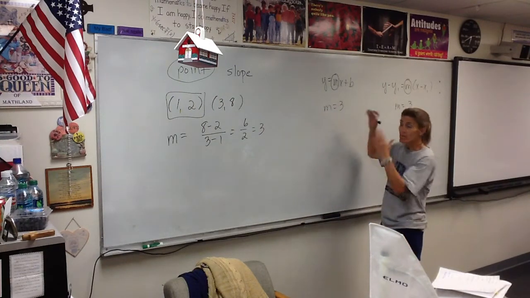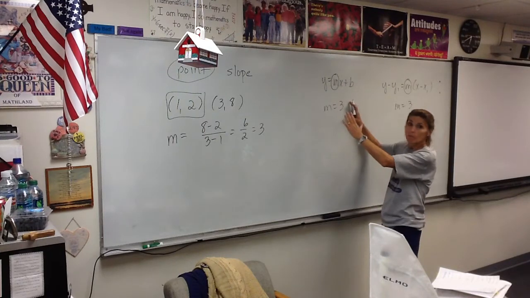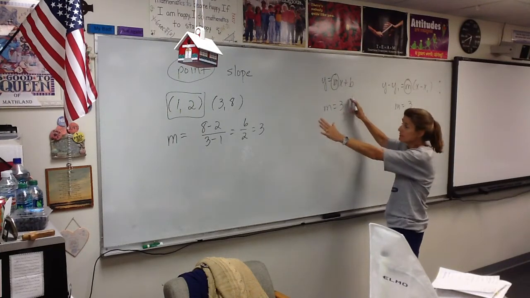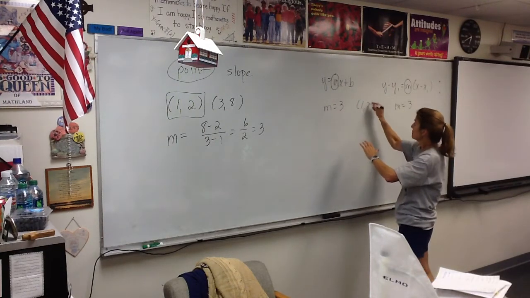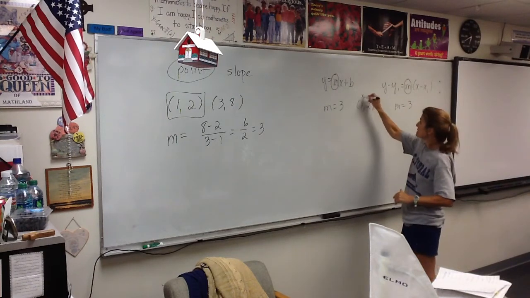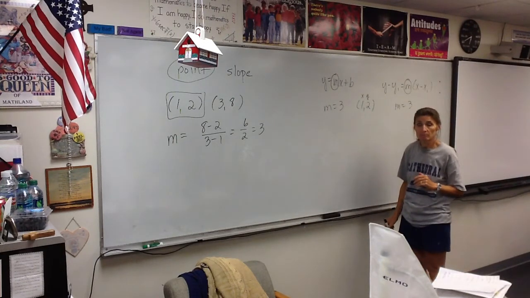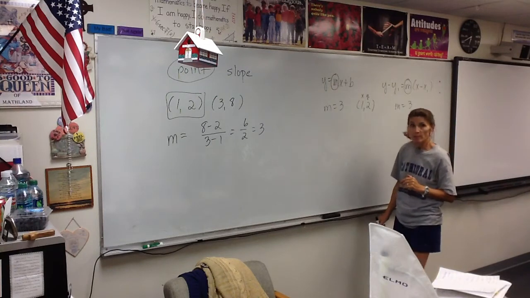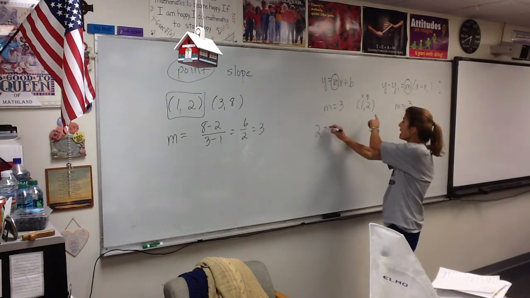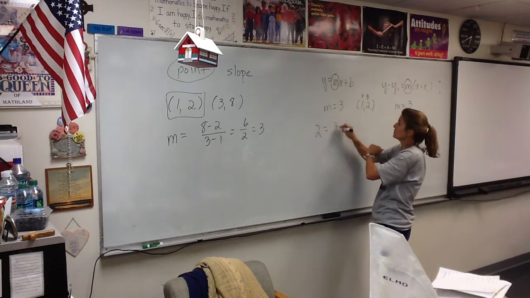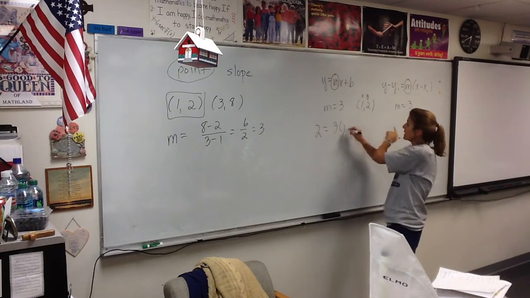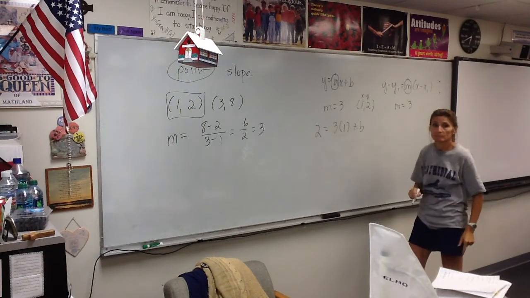So my equation, if I choose to go with slope-intercept, and I'm going to use this slope and this point, then this is my x and y. So here we go. Y equals m times x plus b.